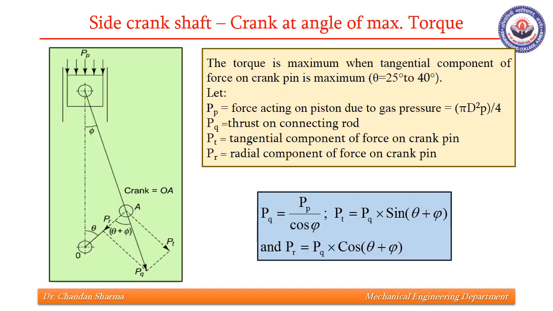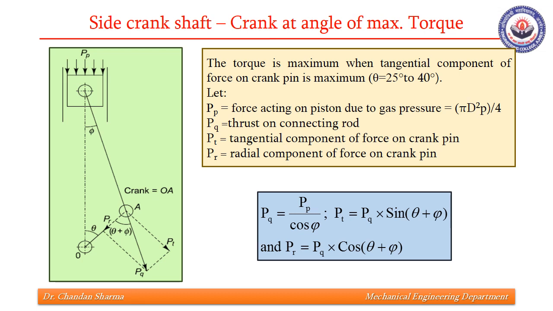So the cases that we have discussed till now pertain to the position of crank at top dead center. There can be one more case when crank is at an angle of maximum torque, means it is producing maximum torque.